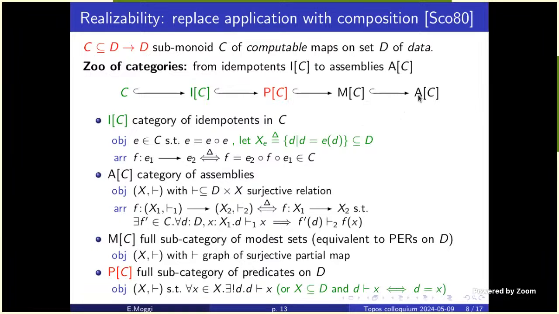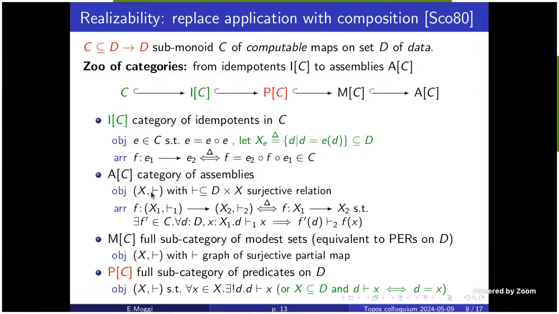Another category is called the category of assemblies. Let me describe it briefly. The objects are a set and a relation, which for every x in the set says what are the data that represent that particular element of the set.